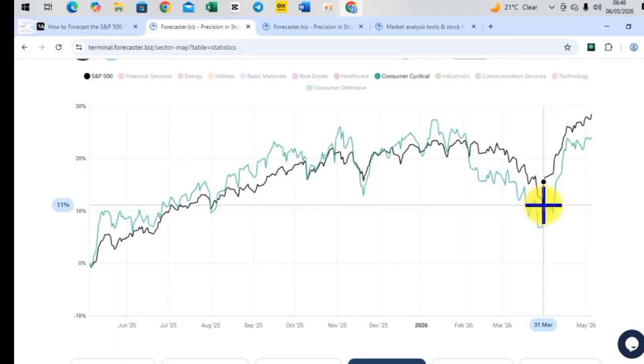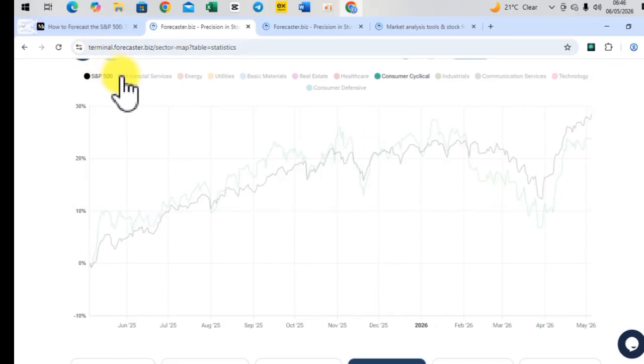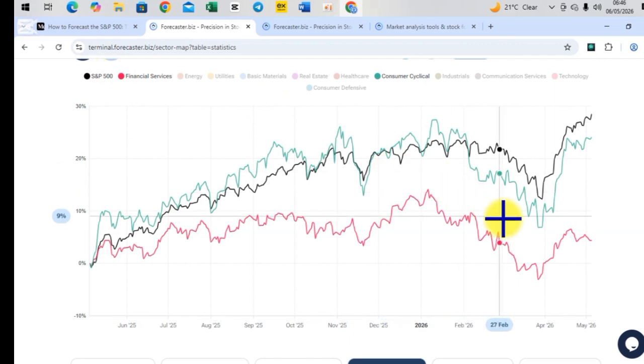Is that clear? So even if I also plot the same thing, you can see the financial services dropped, the consumer cyclical dropped, which means that people stopped spending on such luxuries, non-necessities.